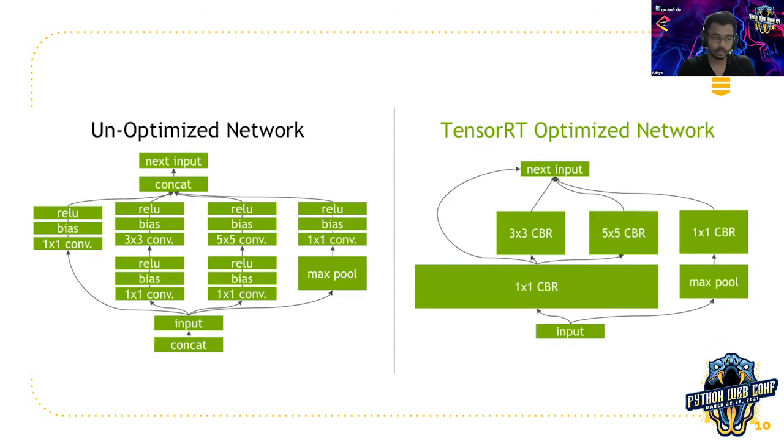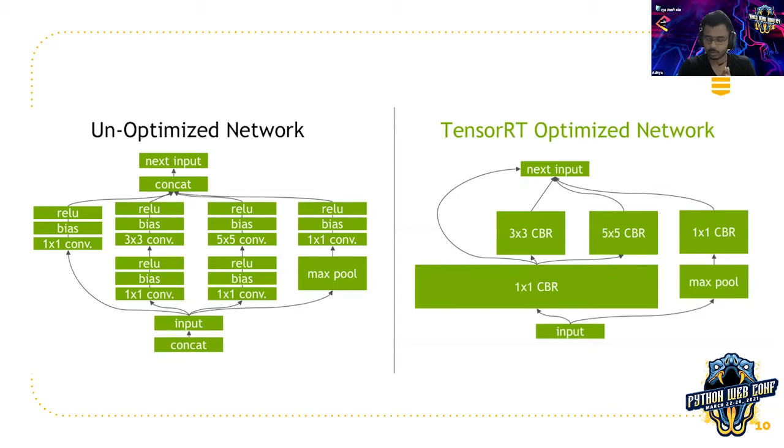And TensorRT also recognizes layers that share the same input data and filter size. So if you look at the left image, there are two horizontal layers, a one by one convolution and another one by one convolution. TensorRT does horizontal fusing for these two, and it is a single kernel, so you do not have to call multiple times, but you have the same weights, and this does not change your output at all.